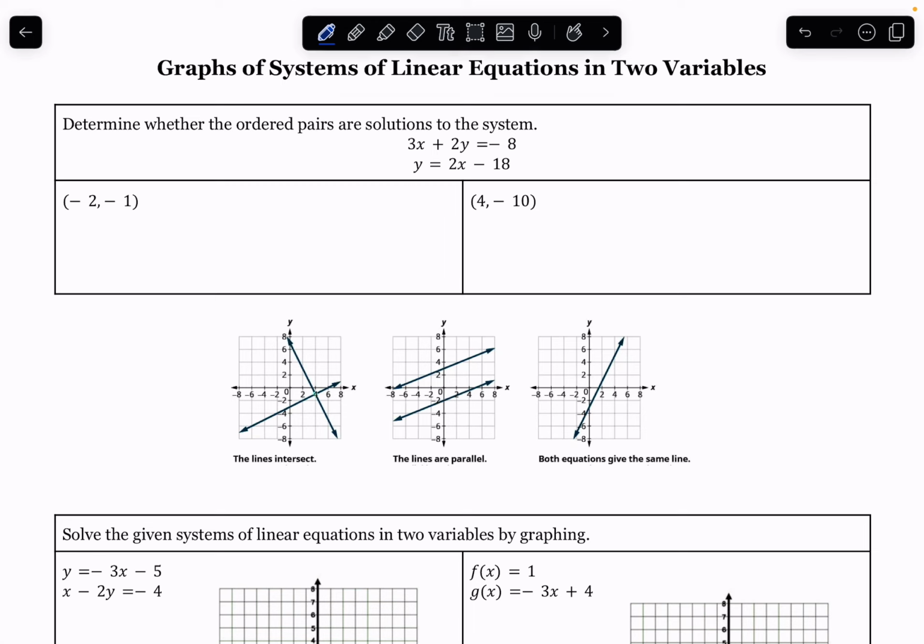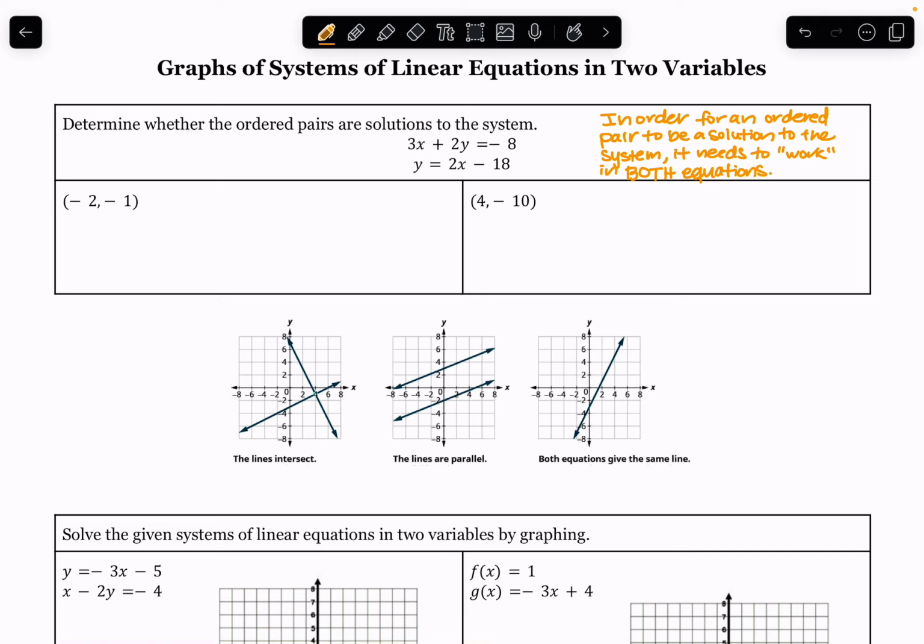So really quick, off to the side, a point. In order for an ordered pair to be a solution to the system, it needs to, I'm going to put it in quotes, "work," because that's not super mathy, in BOTH equations.